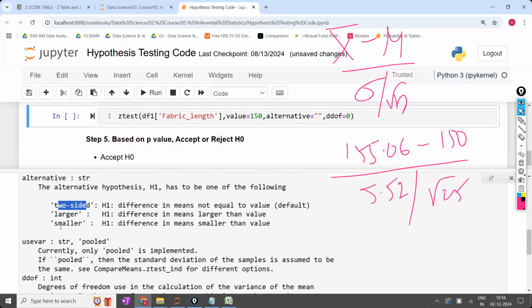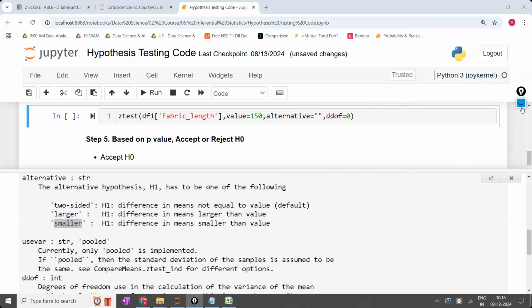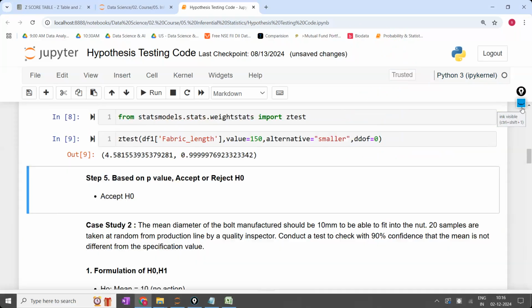Two-sided means two tail test. Larger means right tail test. Smaller means left tail test. For me, it is a left tail, so I use smaller, and DDOF is equal to 0. Once I have used this, it will calculate the p value and everything.